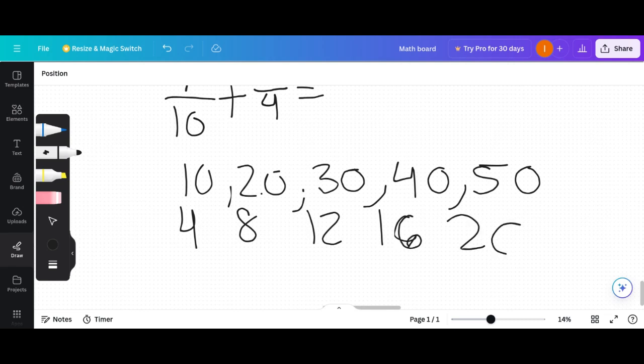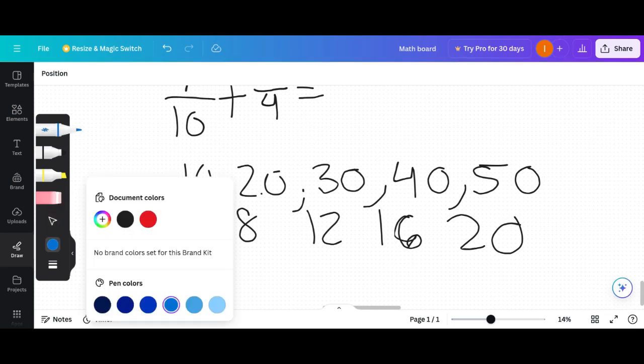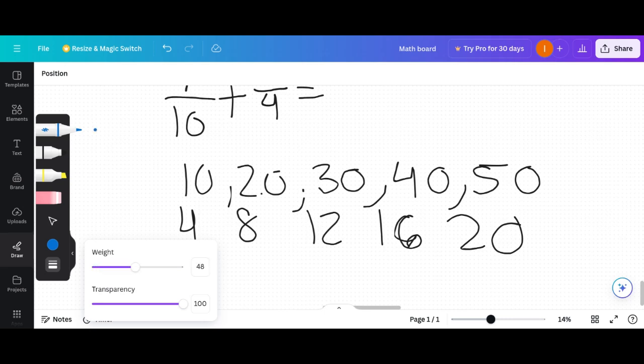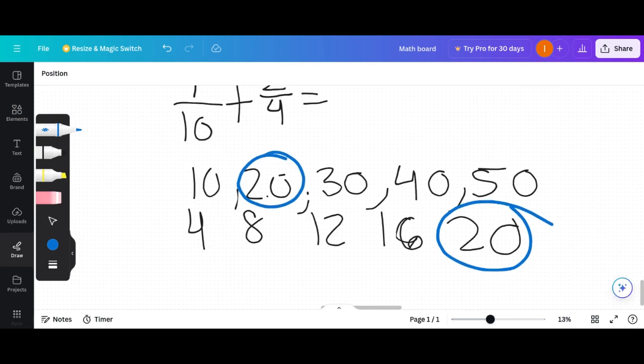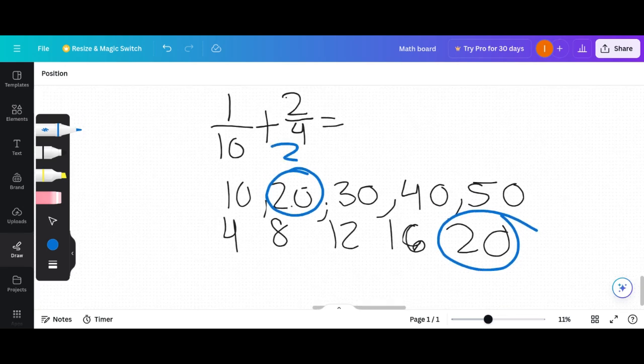Okay, we can see here that instead of doing all that extra work with 40, we have 20, which is really easy. So because this is the second number for 10, this will be 2, and this is the fifth number, so this will be 5. 2 and 5.